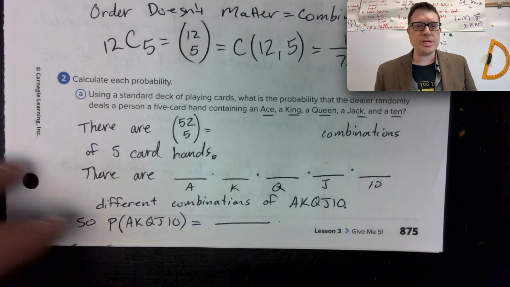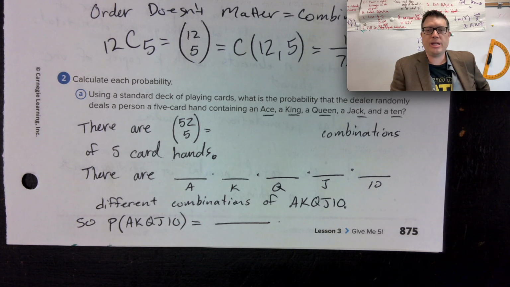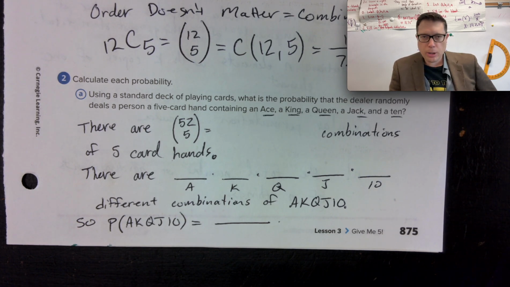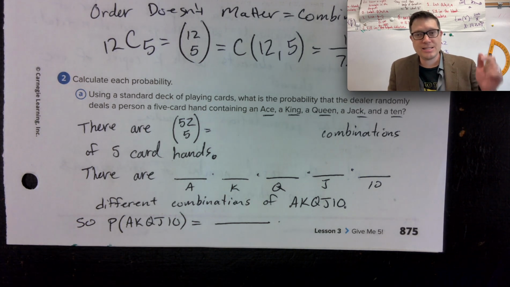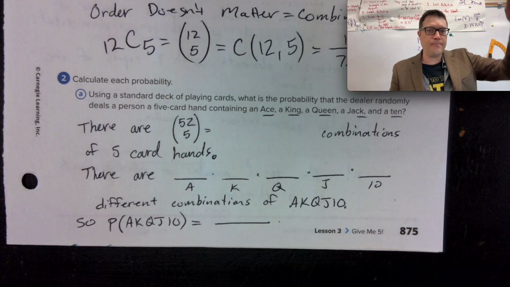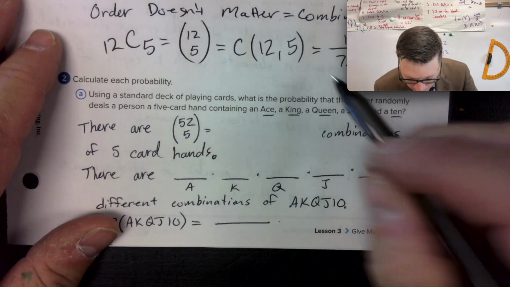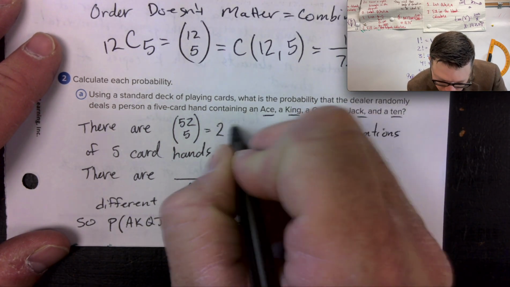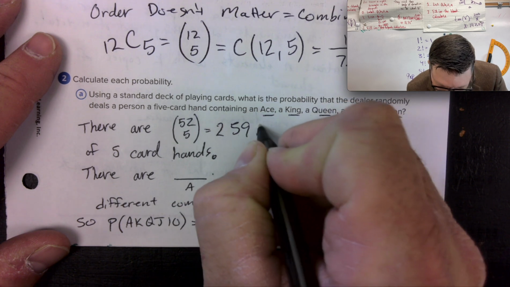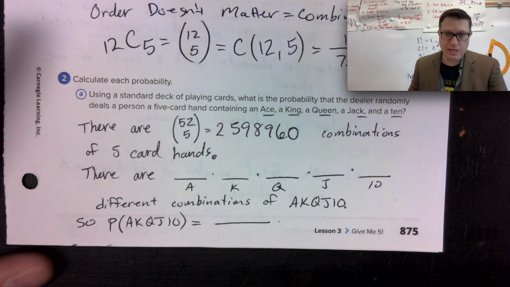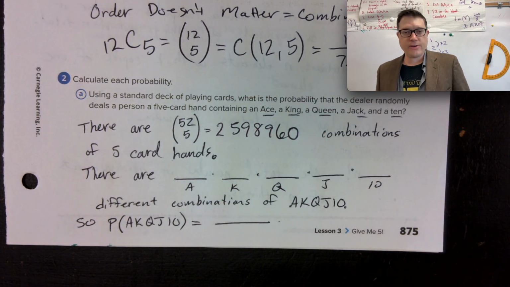Calculate each probability using a standard deck of playing cards. What is the probability that a dealer randomly deals a person a 5-card hand containing an ace, a king, a queen, a jack, and a 10? Well, this is a 52 choose 5 situation, and from up above, I know this is 2,598,960 different combinations of 5-card hands.